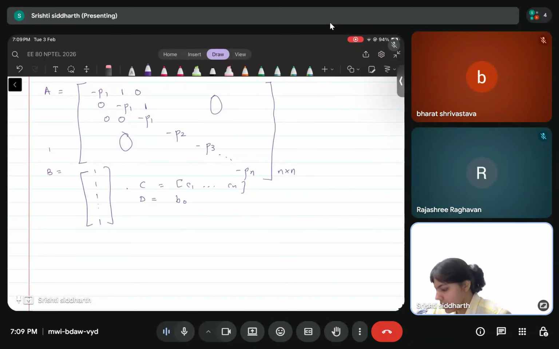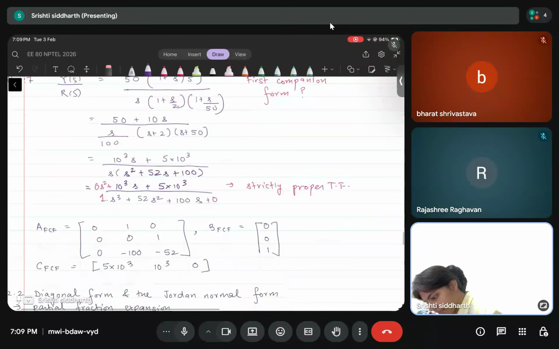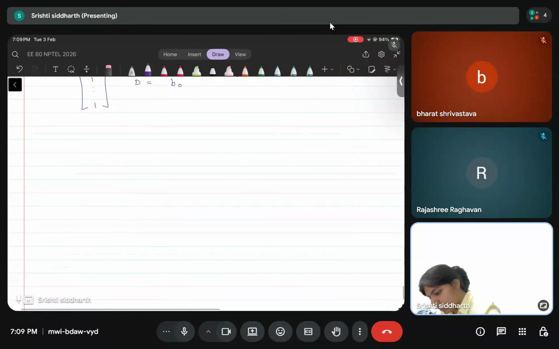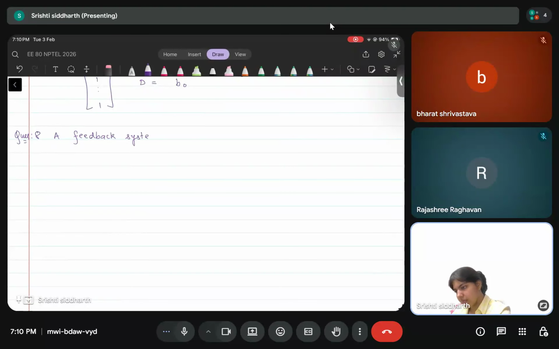All right, now let's look at a few questions. This is question number 8. The transfer function is 10 s plus 40 over s, (s plus 1), (s plus 3).